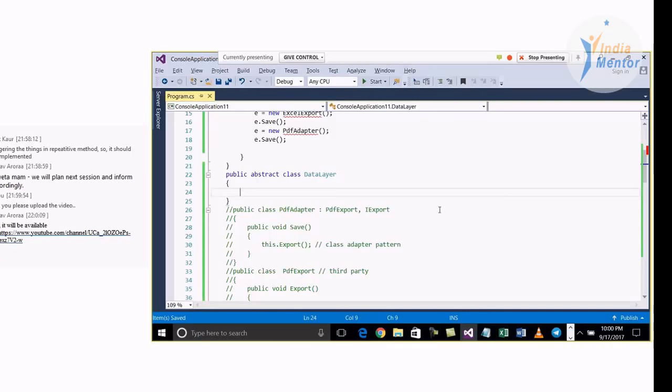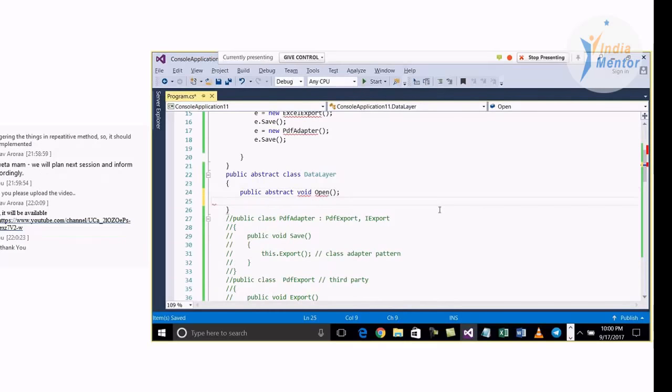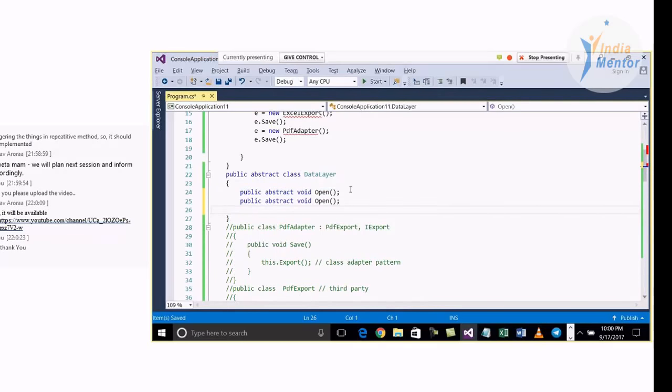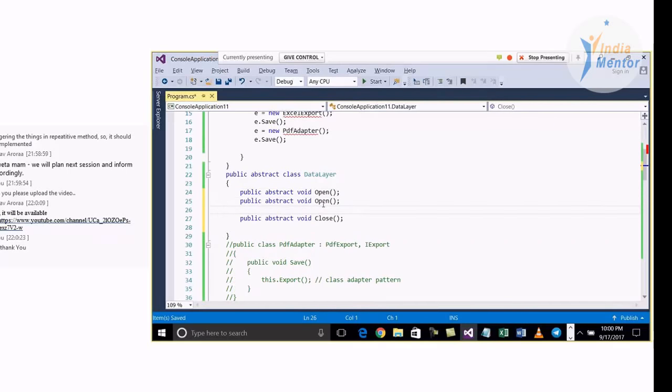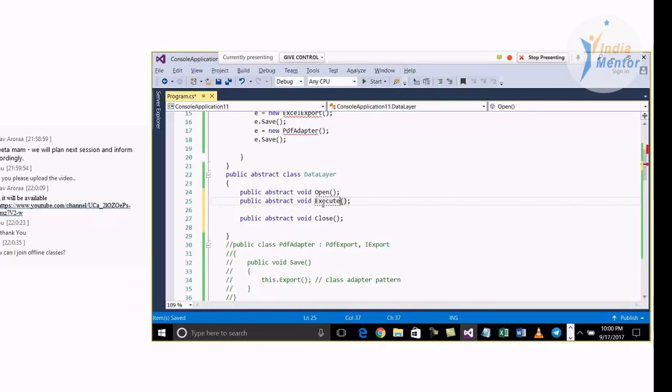So I'll say public abstract void, first open the connection. Second, close the connection. Third, execute the command, right? Now, I can have a method here called public void Process, right?